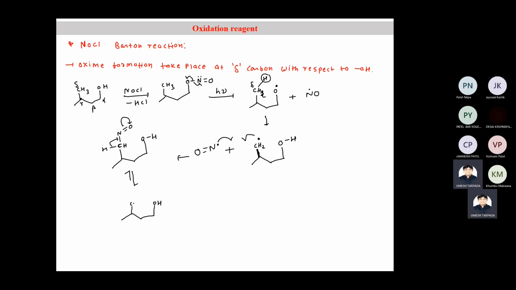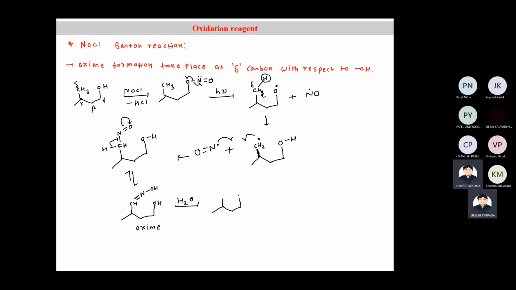So here it's a CH double bond N and OH. This is called oxime. This is the main product of Barton reaction. And oxime, on hydrolysis, as you know very well, gives aldehyde.